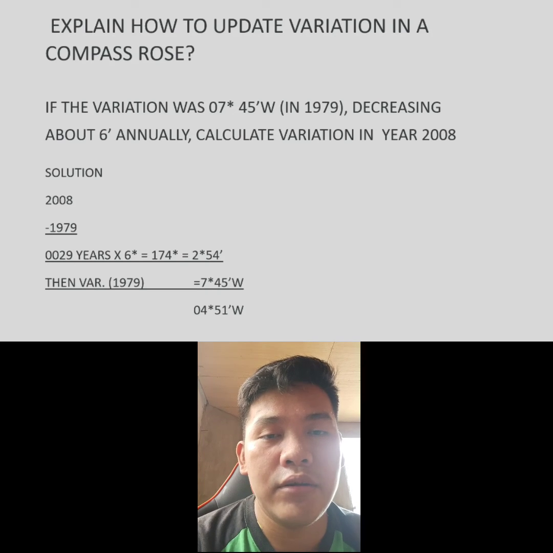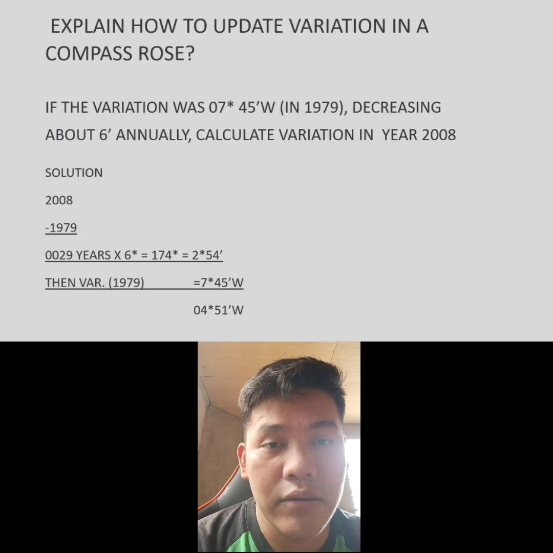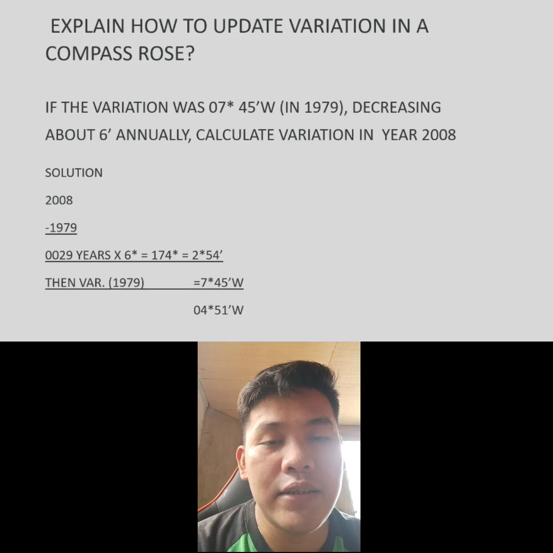Solution: 2008 minus 1979 is equal to 29 years, times 6 minutes is equal to 174 minutes, which is equal to 2 degrees and 54 minutes. Then the variation of 1979 was 7 degrees and 45 minutes west. So we need to subtract them, and the answer is 4 degrees and 51 minutes west.